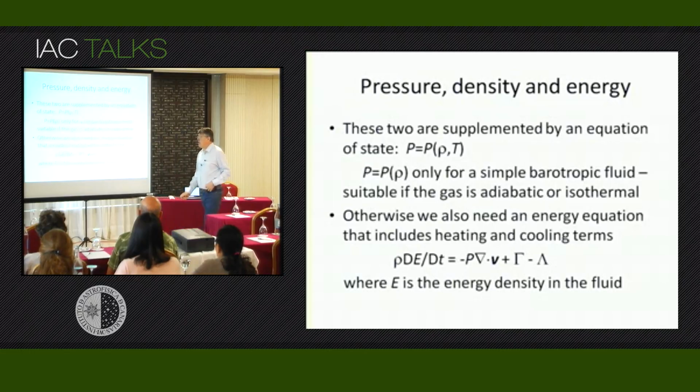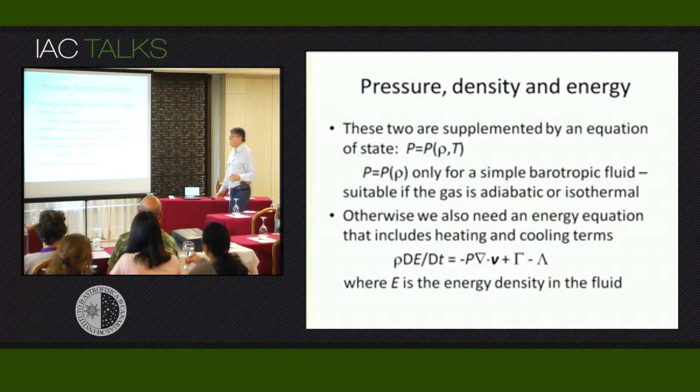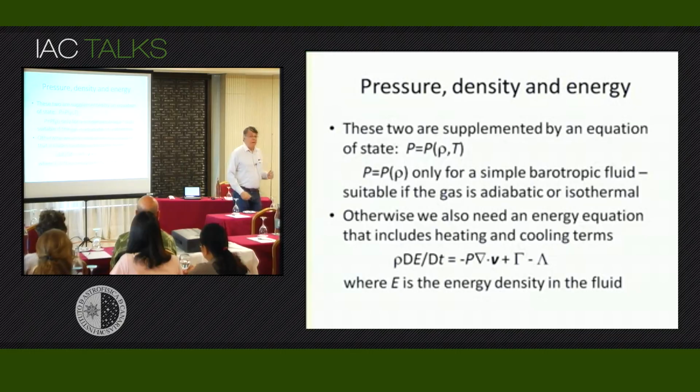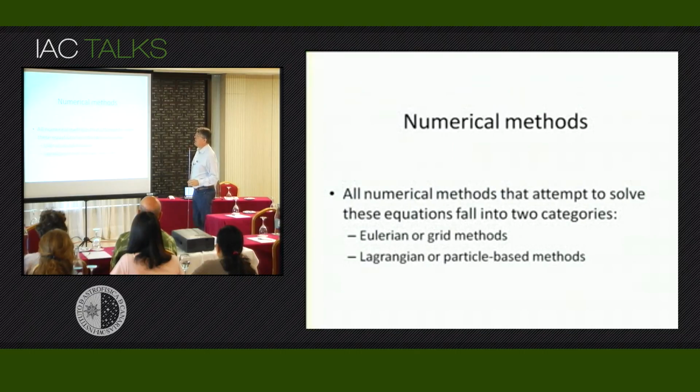So the rate of change of the energy content of the fluid, the energy per unit volume or unit element, is the work done by the pressure forces, adiabatic compression or expansion, and then you've got gains and losses, which probably are radiative. Mostly the gas cools through radiation, and it also warms through being close to a star, for example. So you have those, and this is your full set of equations.